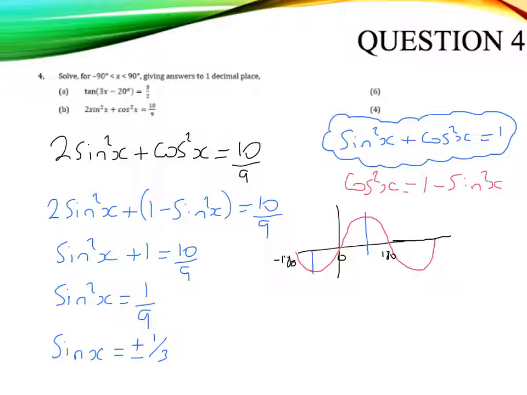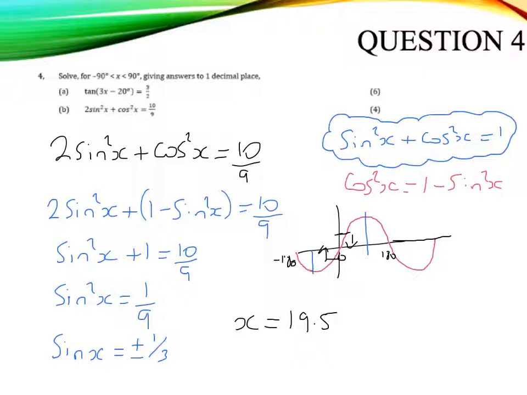Okay, well, it looks like I'm just going to get two solutions. I'm going to get a solution for when it's positive a third, which is going to be somewhere around here, and a solution for when it's minus a third, which is going to be somewhere over here. Okay, let's have a look then. I'll use my calculator and we'll get some values for x. Okay, so the principal value that I'm getting on my calculator says that x is going to be 19.5.